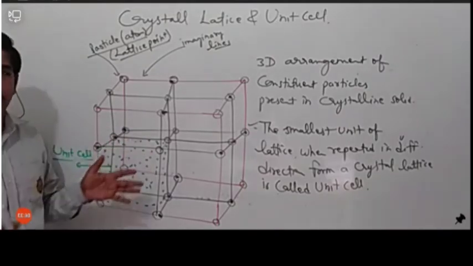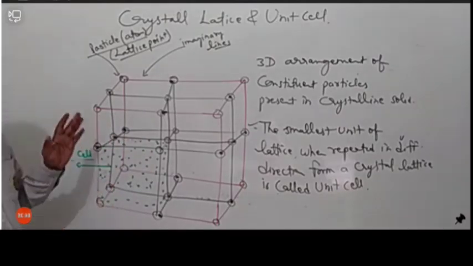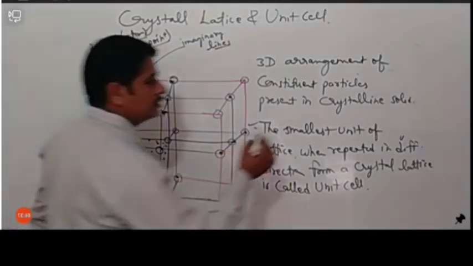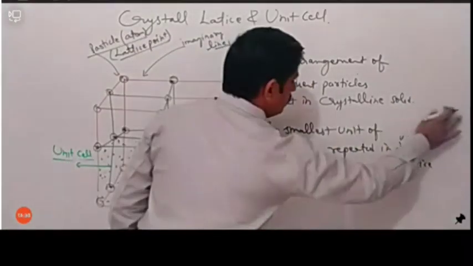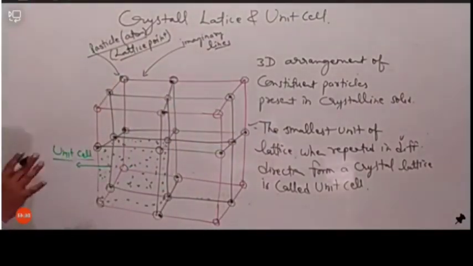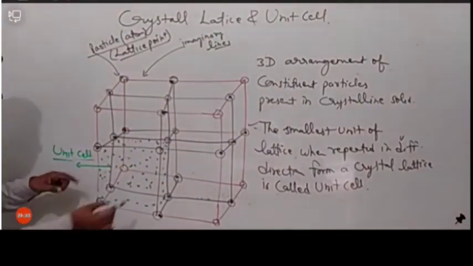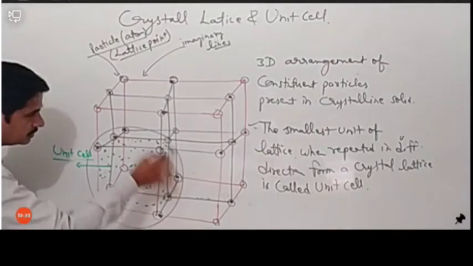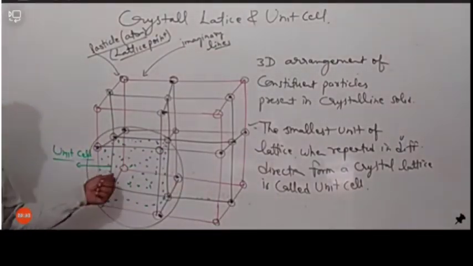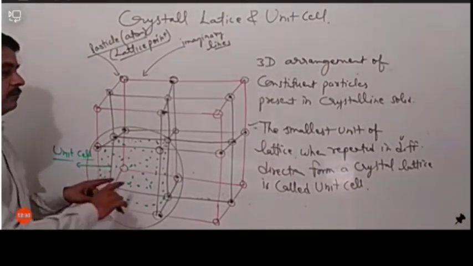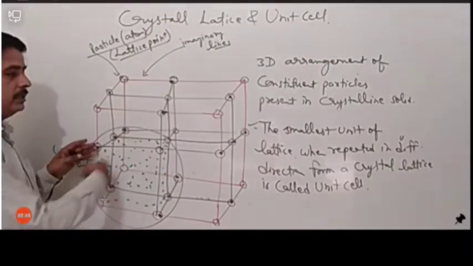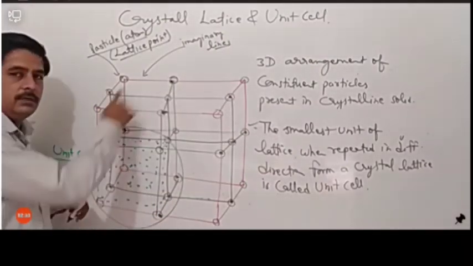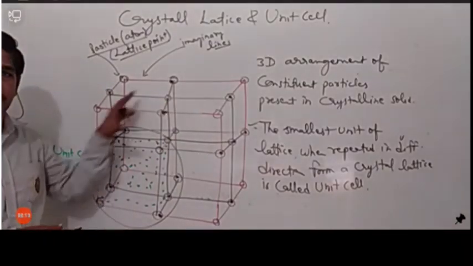This arrangement is called crystal lattice, and the smallest part of crystal lattice, when it is repeated in all the directions, in length, breadth and height, we will again gain the same crystal lattice.